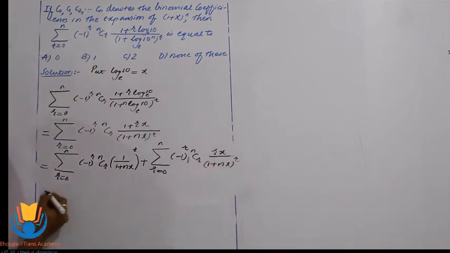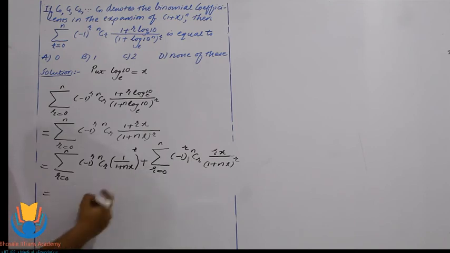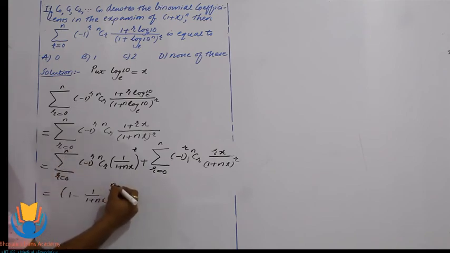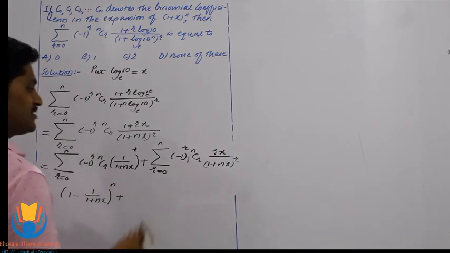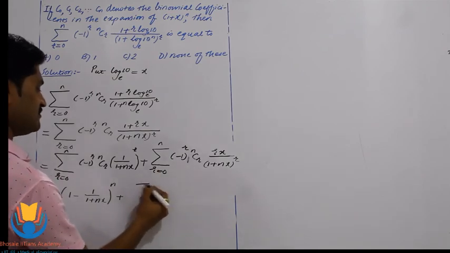So now we will make a change in the second term. As you can see here properly, this is nothing but the expansion of 1 minus 1 upon 1 plus nx whole raised to n. So when you expand this, we are going to get this result, plus we will make some change here.